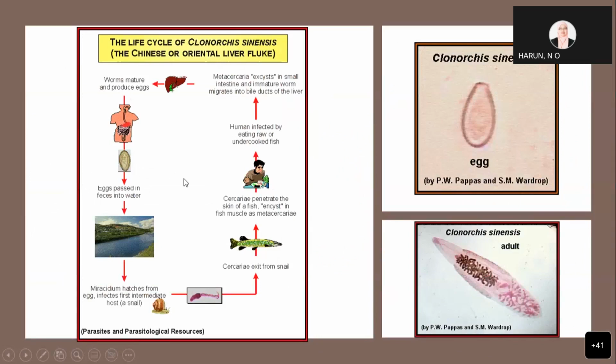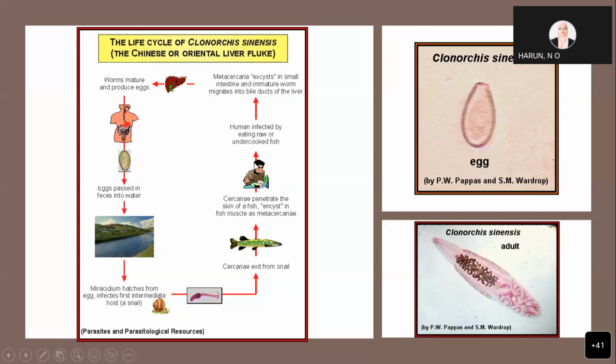Again, the life cycle of Clonorchis sinensis, the Chinese or Oriental liver fluke. Look, this is the intermediate host, a snail, and then cercaria exit from the snail. They are released, and it will not harm this intermediate host. But when released, they find their Cyprinidae fish group or fish species, and the cercaria penetrate the skin of a fish and encyst in fish muscle as metacercaria.